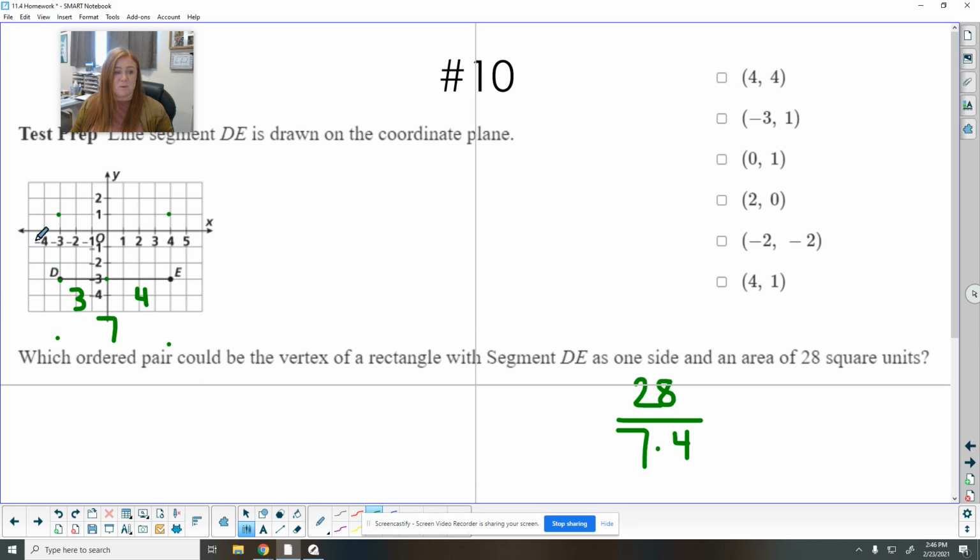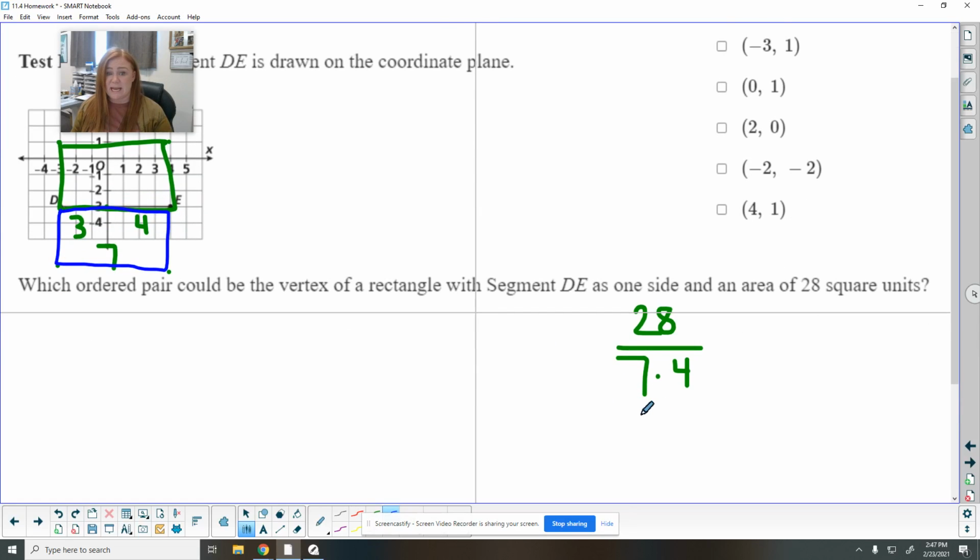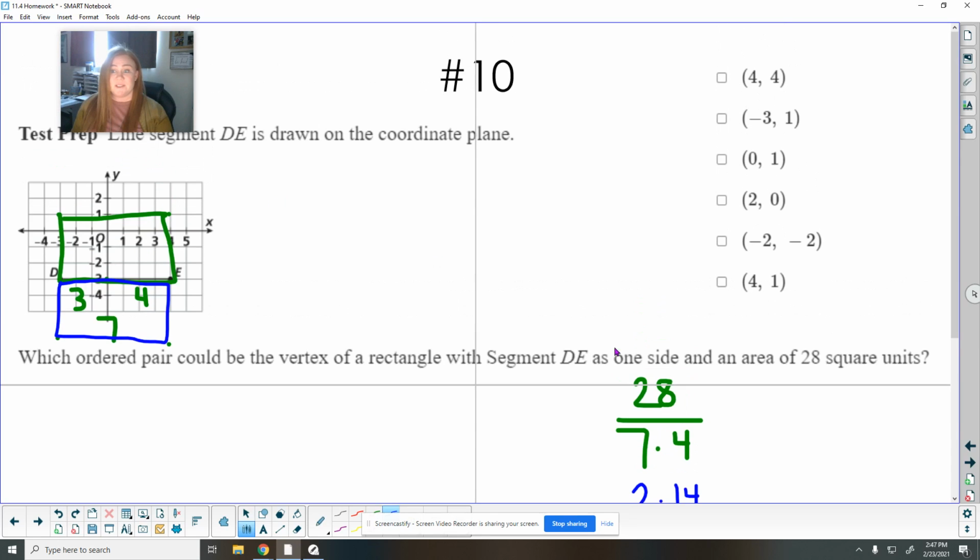So either of these, we could make this rectangle, or we could make this rectangle here that have 28. So there are other ways we could make 28. We could do 2 times 14, but we know the side has to be 7. So which of these could it be? Choose any of them that would fit these different coordinates there.